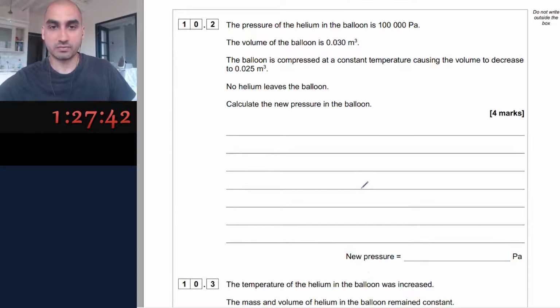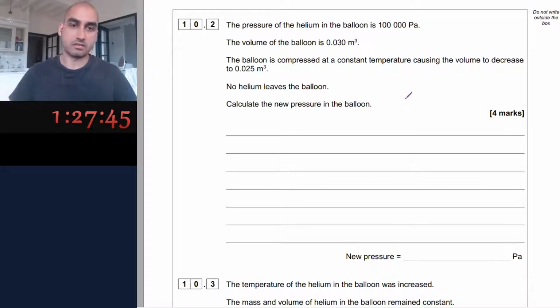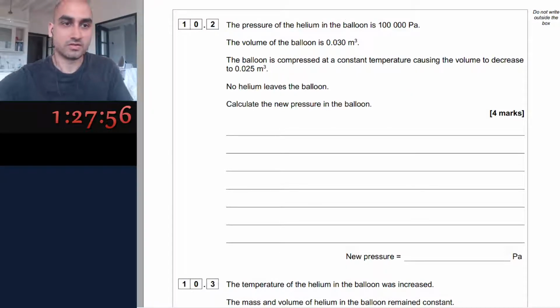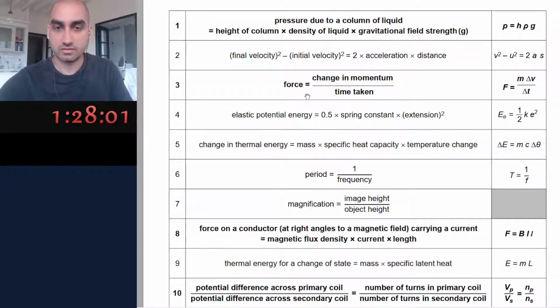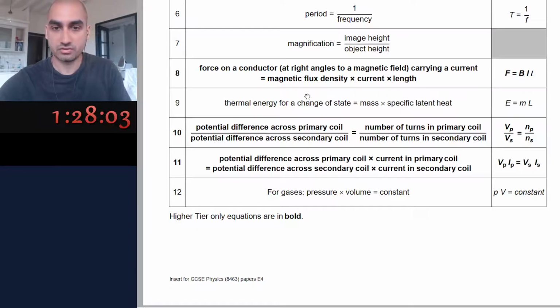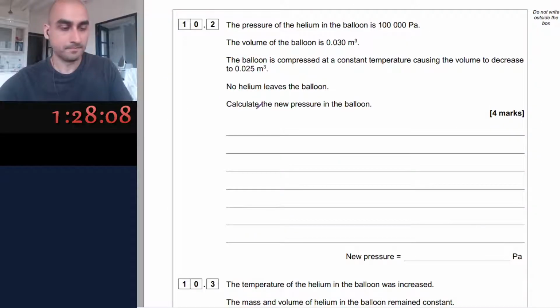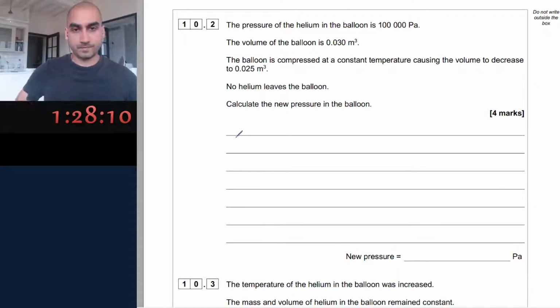Pressure of the helium in the balloon is 100,000 pascals. The volume of the balloon is that. The balloon is compressed. Pressure, volume. I don't remember how to do this, what do we do? Pressure times volume equals constant. PV equals constant.